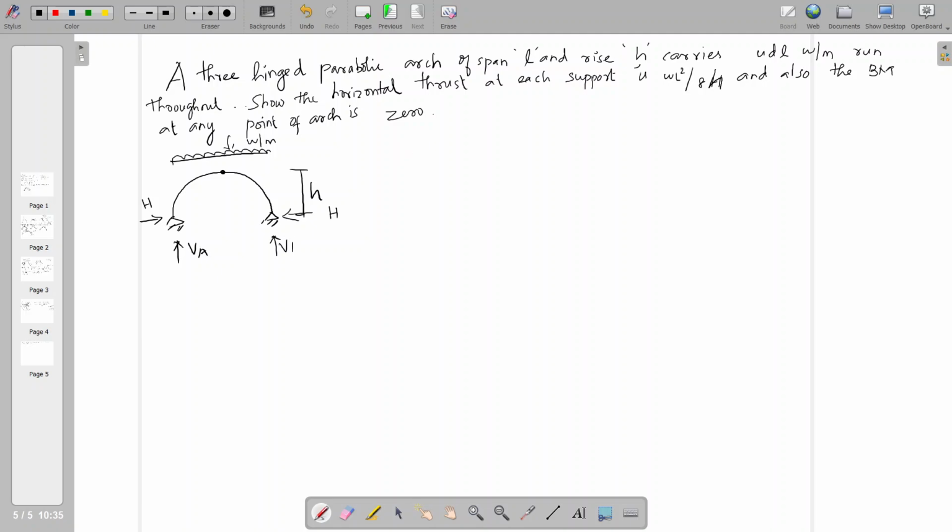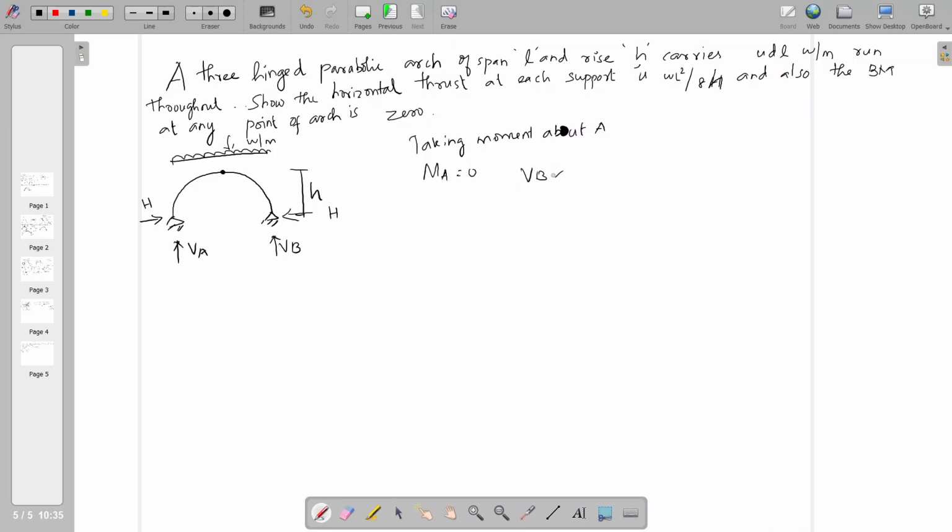What are the possibilities of calculating VA and VB? Taking moment about A, that is MA equal to 0.